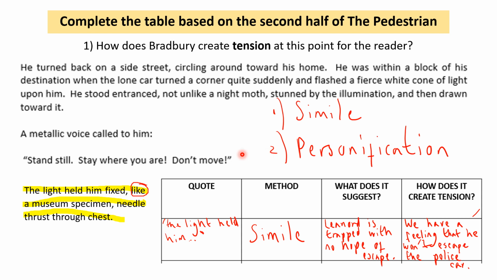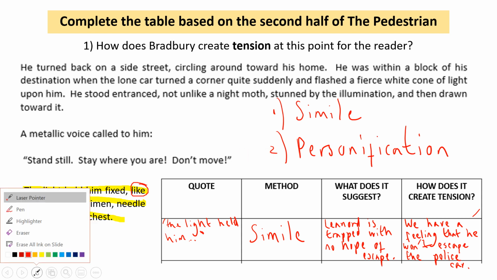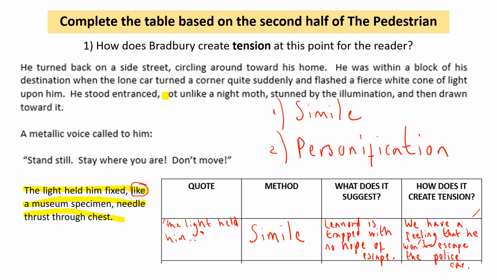Okay, so hopefully you would have figured out that the simile is here. He stood in trance, not unlike a night moth stunned by the illumination. And we spoke about that earlier, how moths are attracted to light, and Leonard is stood like a moth staring at the police car. And the personification is the metallic voice.